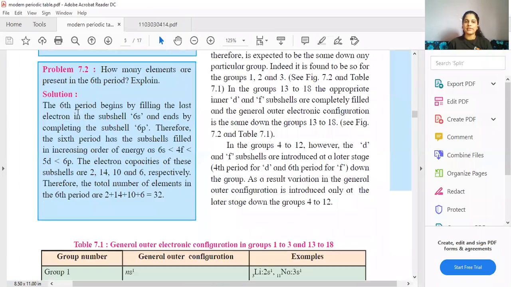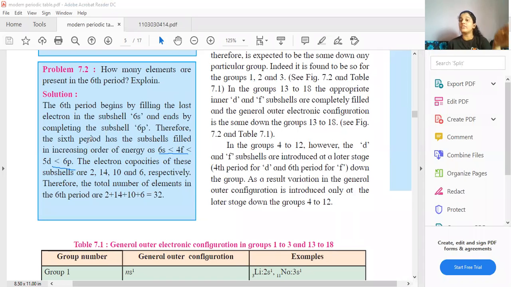Okay, fine. If we look at the solution given over here, see what is written. The sixth period begins by the filling of the last electron in the subshell 6s, and ends by completing the subshell 6p. Students, if you write the entire configuration of any element from the sixth period, you will see that all these orbitals come into picture: 6s, 4f, 5d, 6p, in this order.